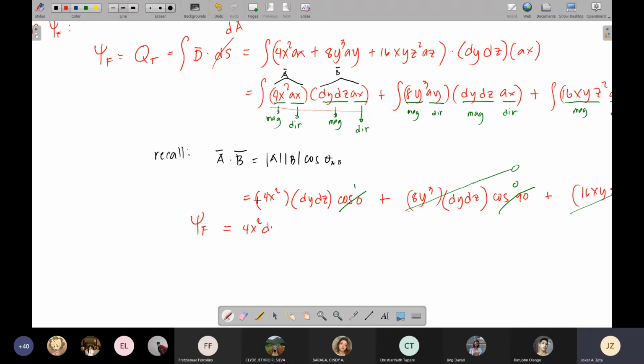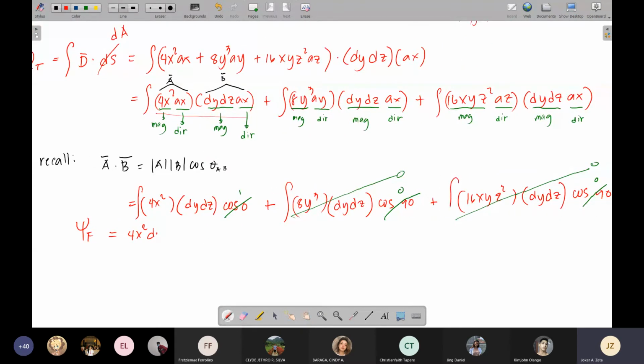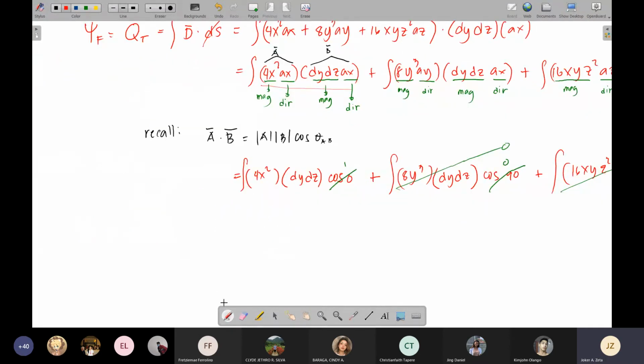By the way, this is still an integral. We have not integrated yet. We just applied their dot product. So the flux on the front will be the integral of 4x squared dy dz.